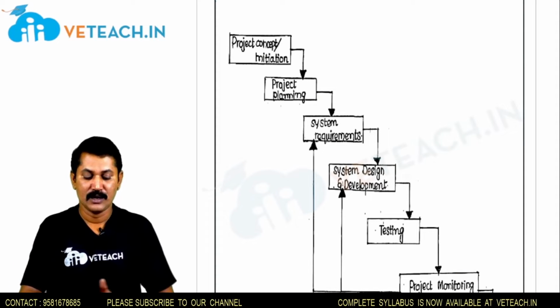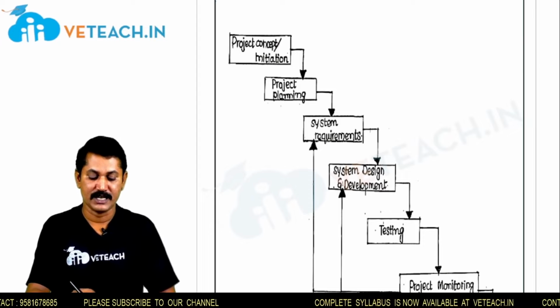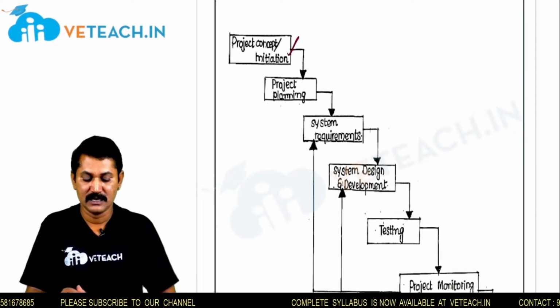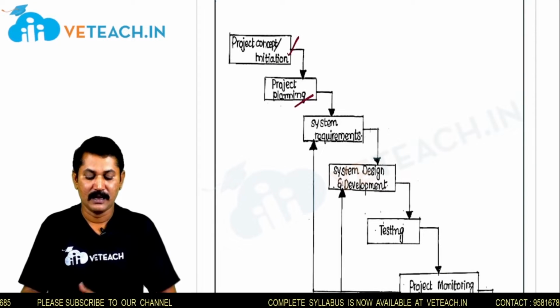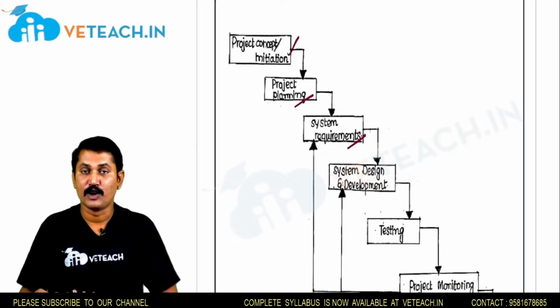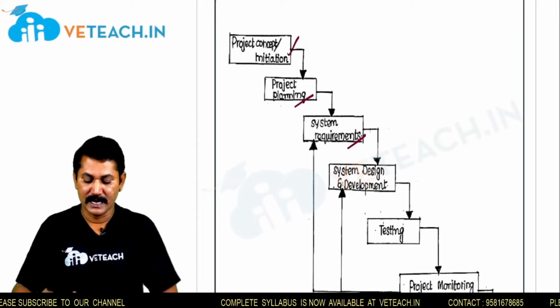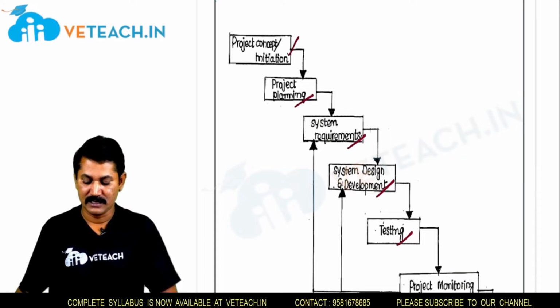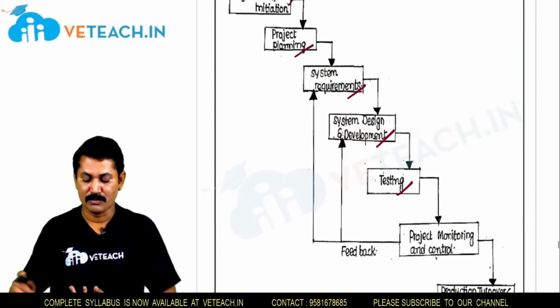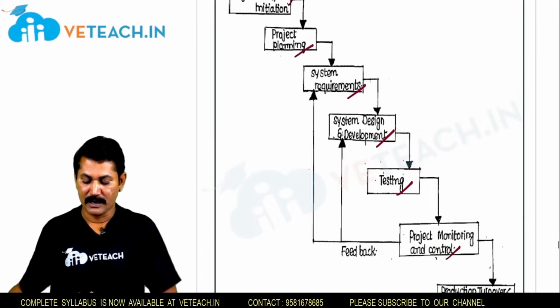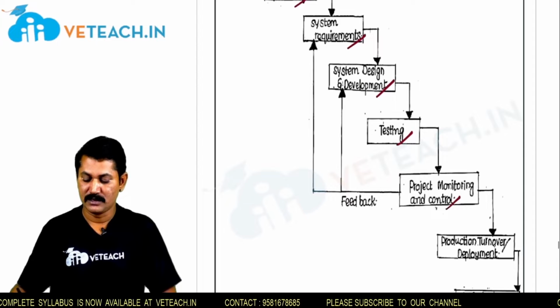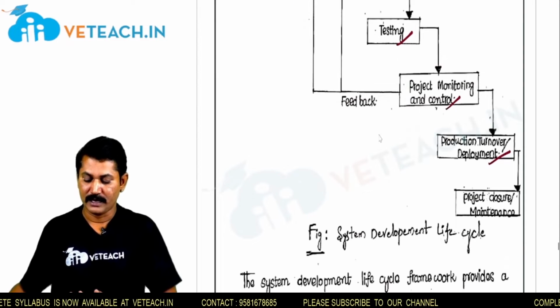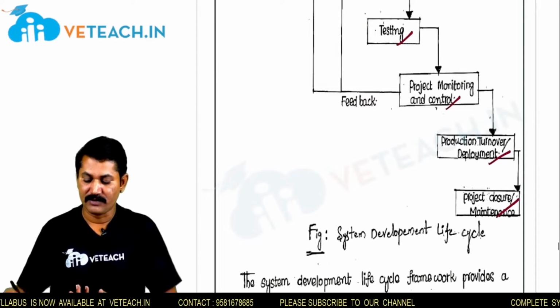Here the first one is project concept initiation. Next is planning, next is the requirements of the system, next is system design and development, next is testing, next is project monitoring and control, next is production turnover development, and next is project maintenance.